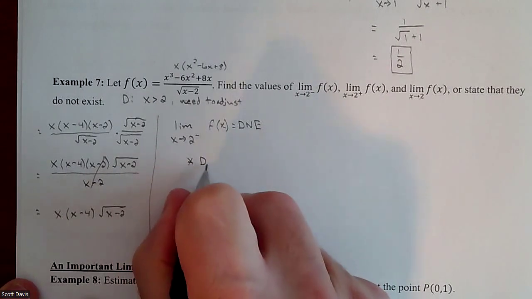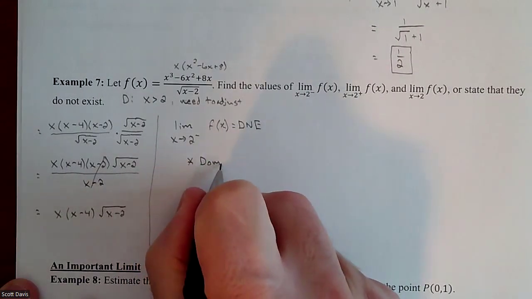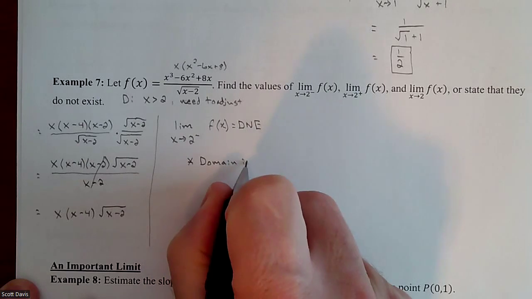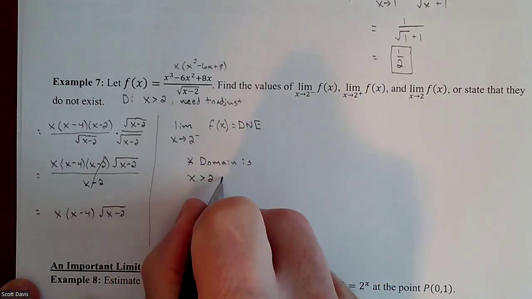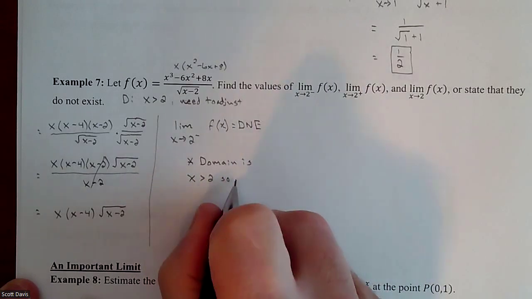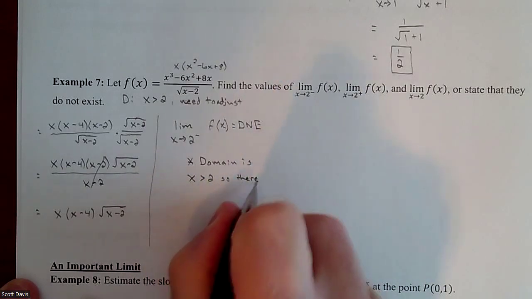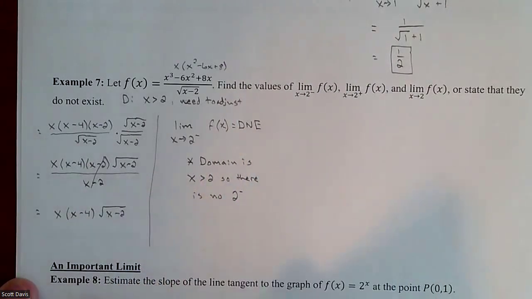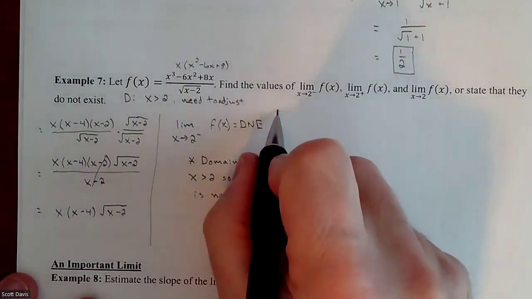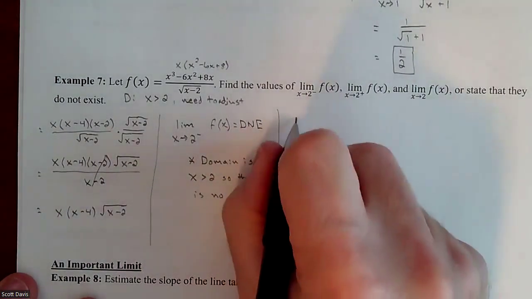Just to make note, the domain is x greater than 2, so there is nothing to the left of 2. All right, so let's go on the other side.